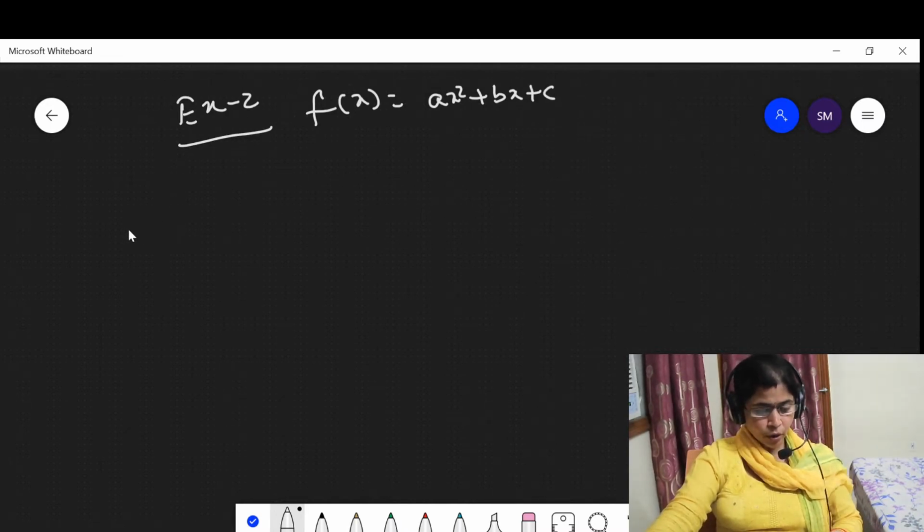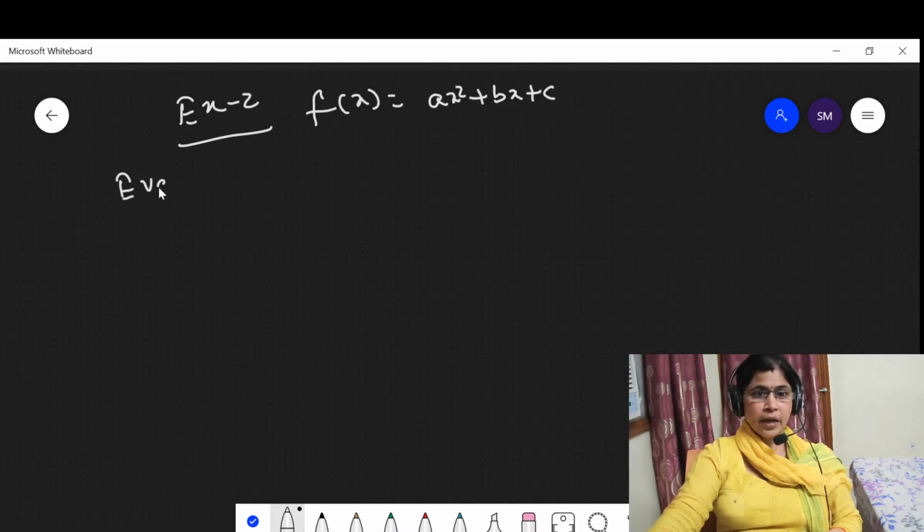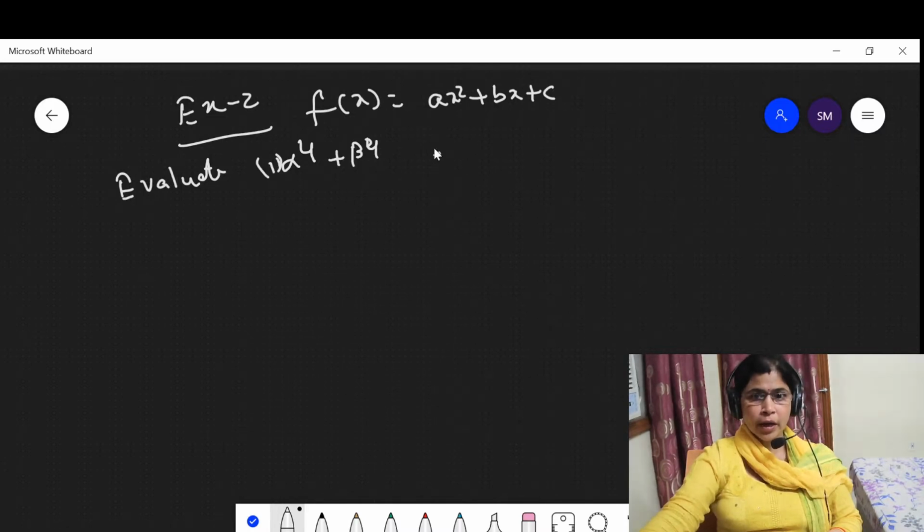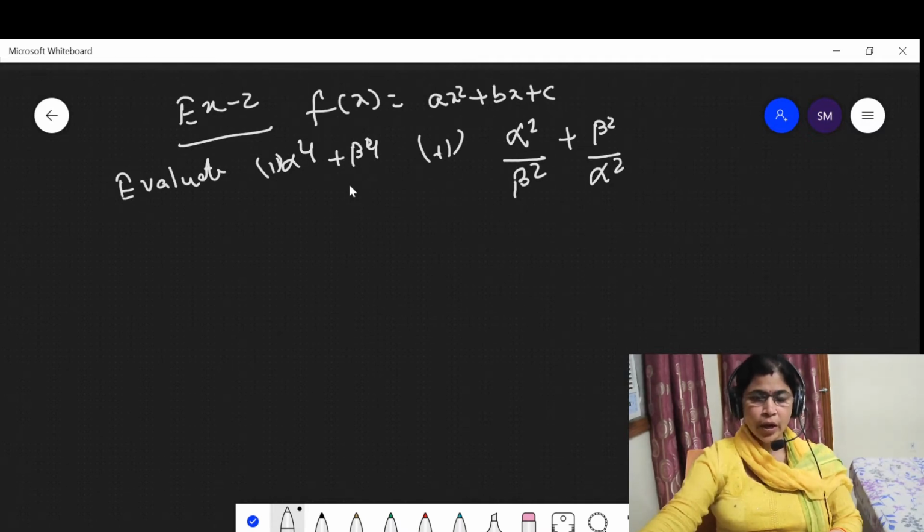Here you have to evaluate alpha fourth plus beta fourth, and second you have to derive alpha square plus beta square upon beta square plus alpha square. Then here you have to derive the value of alpha fourth plus beta fourth. Now let us practice this.